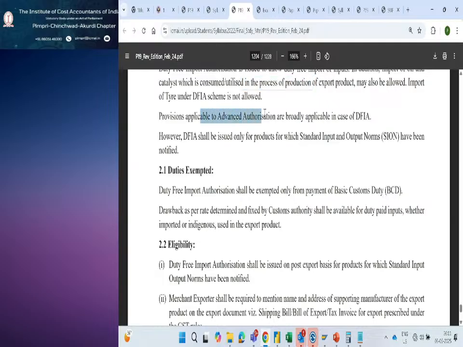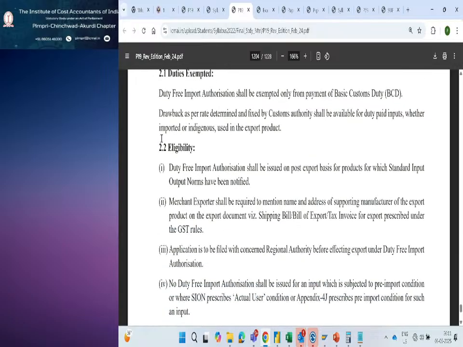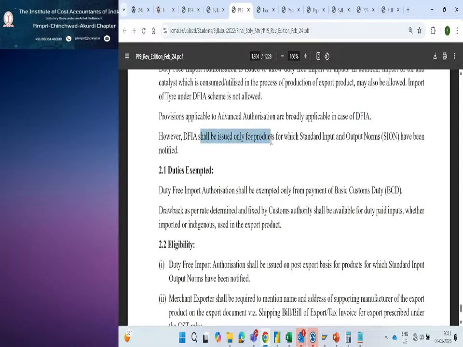The provisions which are applicable to advance authorization are broadly applicable to DFIA, which is duty free import authorization, and it is issued only for the products for which SION has been notified. So be very careful here. In advance authorization we at least have the option of self-declaration or self-ratification scheme, but here it is only on the basis of SION, standard input output norms.